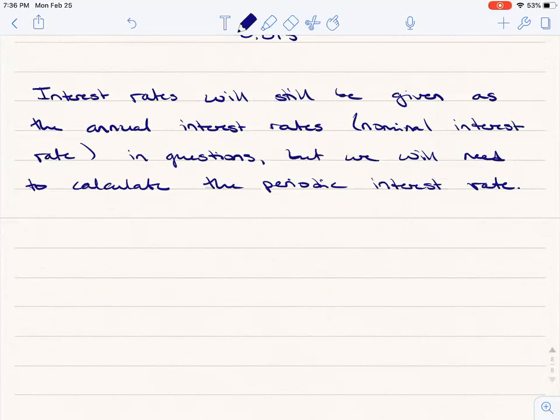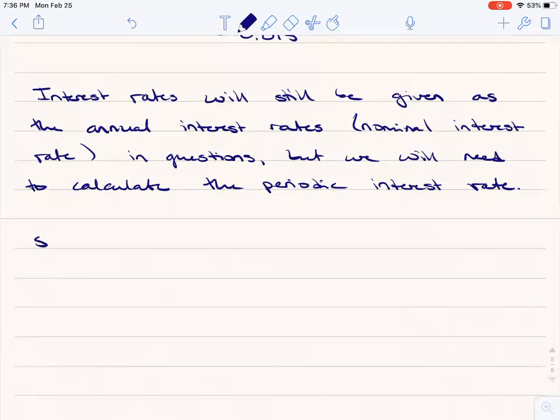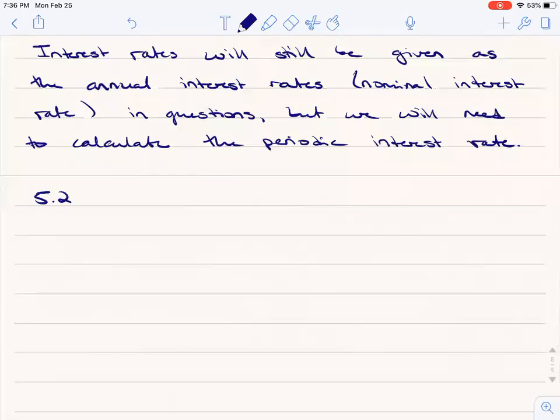So let's get into 5.2. Just like I said for simple interest, for all of these problems, I'm going to introduce the formula that we're going to be using, and then we'll rework it to solve for all the things in that formula. So we'll start with present and future values in 5.2.